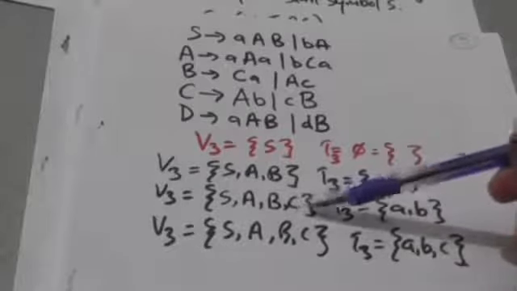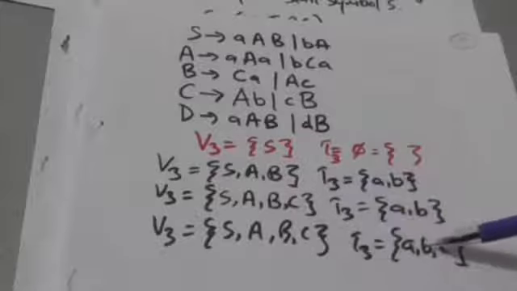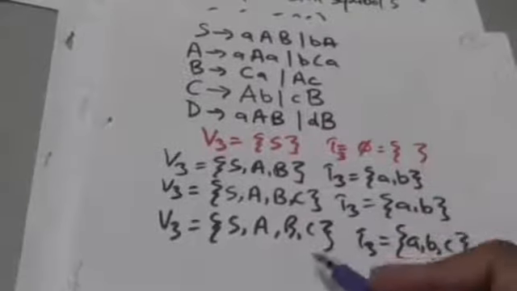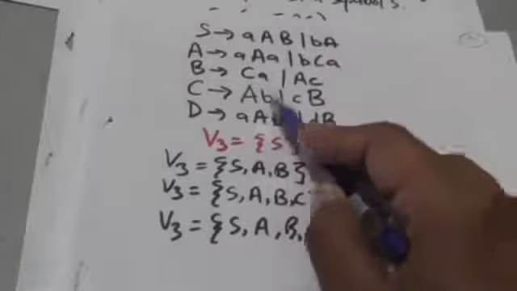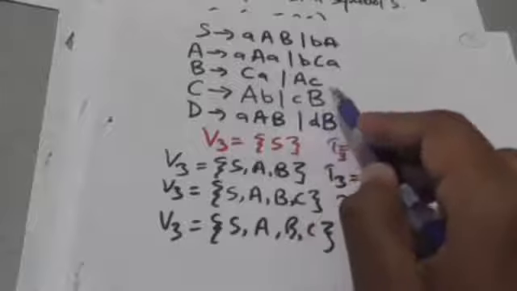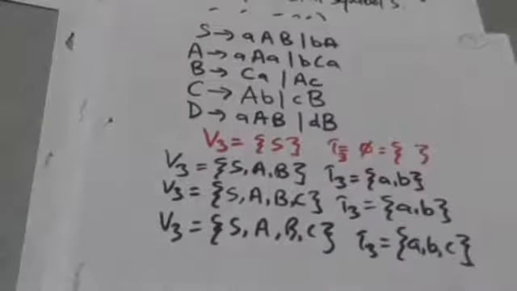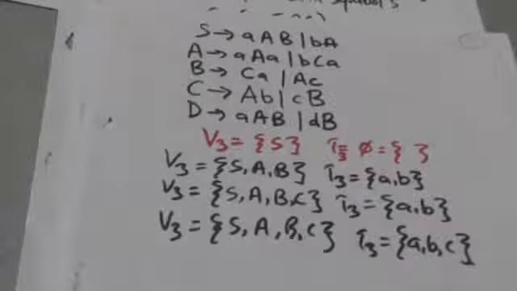Now see the productions of variable C. C derives aB. C derives cB. Variables A and B are already present in set V3 and terminals b and c are also present in set T3.